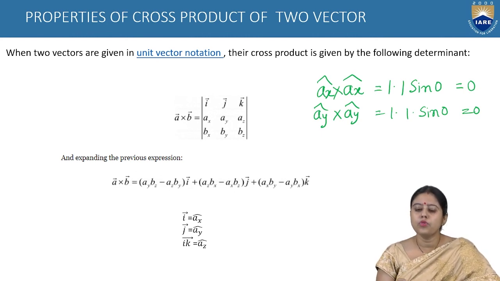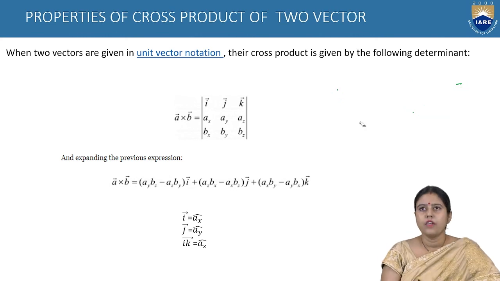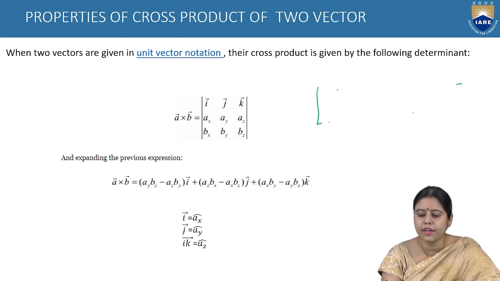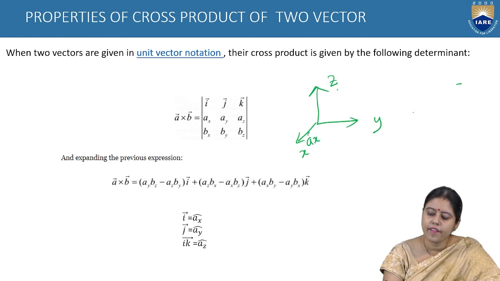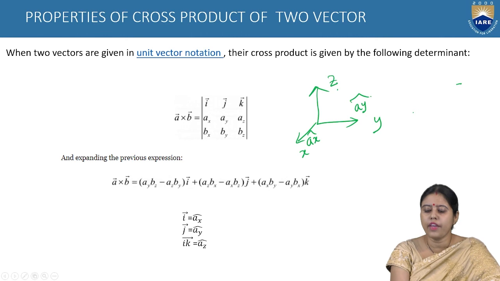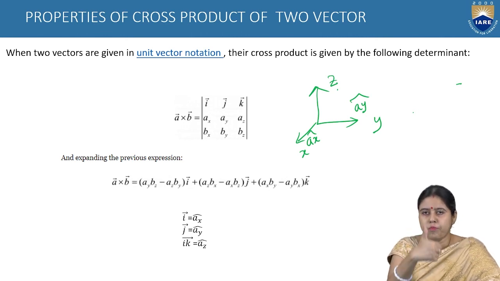Now again, say we have the multiplication AX to AY, so the direction is upwards.